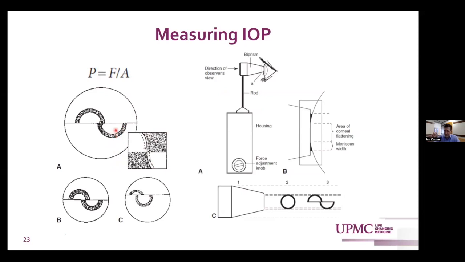And the little dial that we turn is calibrated such that one little dial can help us indicate the pressure. So each one you multiply by 10, right? So you can measure the pressure that way. If the applanation tip was a different size, we would need a different calibration on the dial, right?